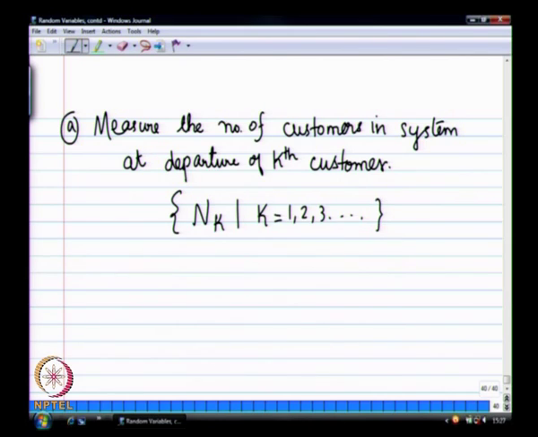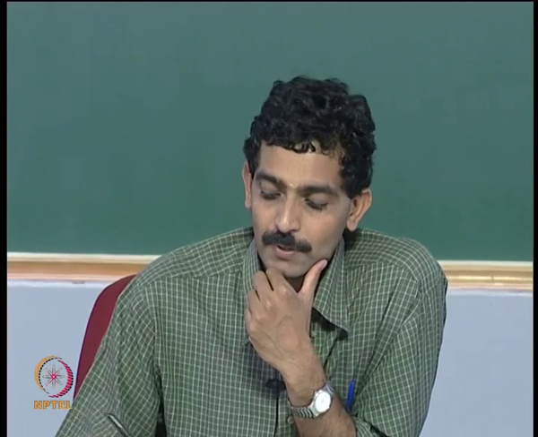What is this? What type of variable, or stochastic process, is this? This is your DTDS, right? Okay.